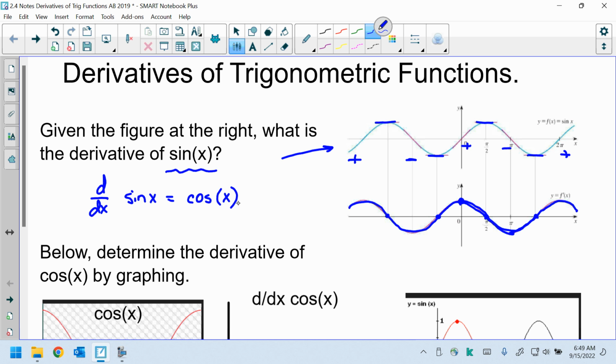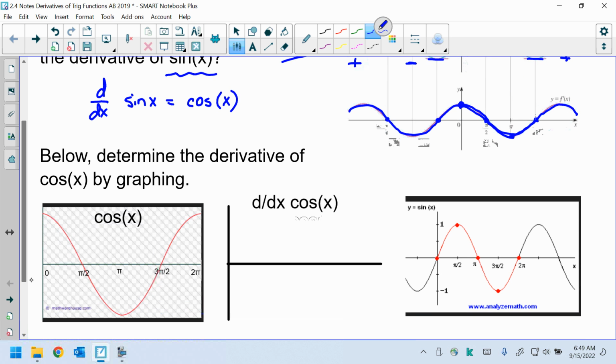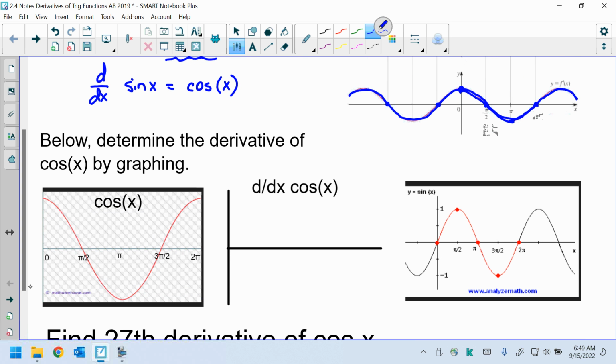Now, does that mean that the derivative of cosine is sine? Well, here is the cosine of x, and let's do the same thing. Here's pi right here, here's 2 pi, and pi over 2, 3 pi over 2.